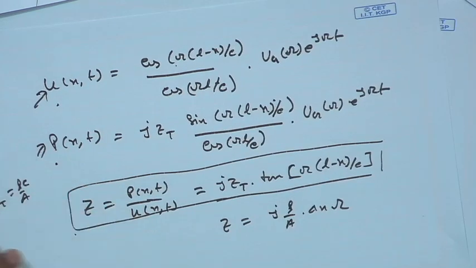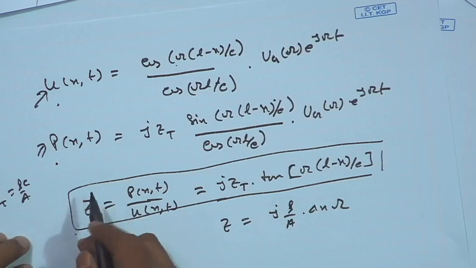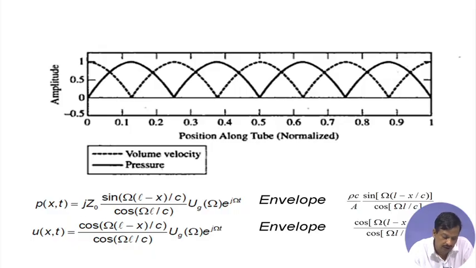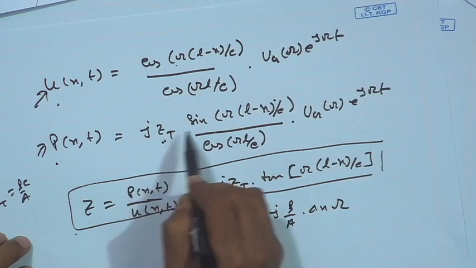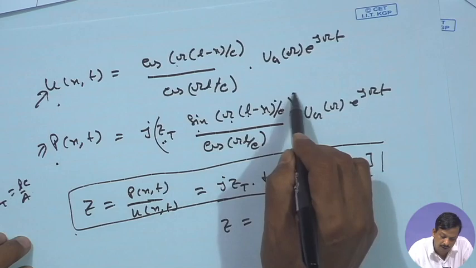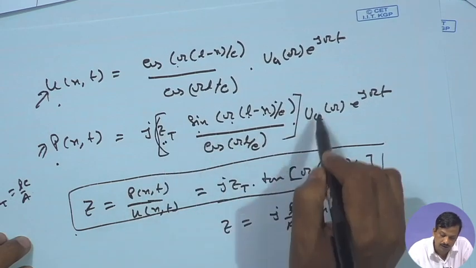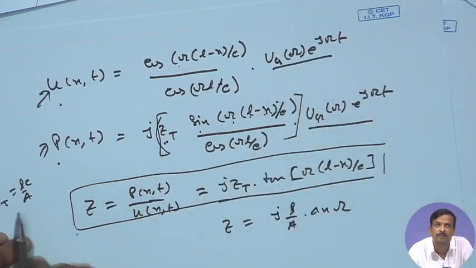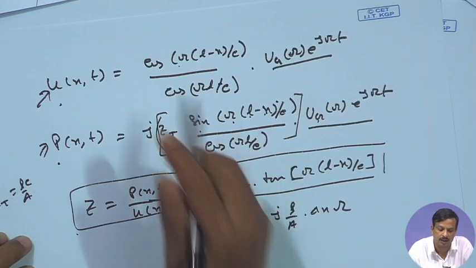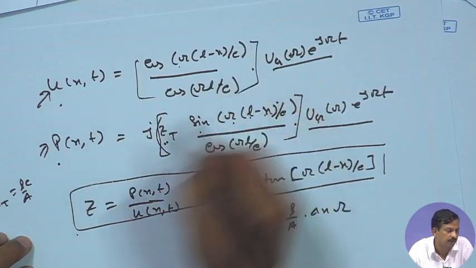What is the envelope? Here the envelope of the pressure wave is Z_0 sin omega (L minus x)/c; this part is the envelope part, and the variation e to the power j omega t is the same.